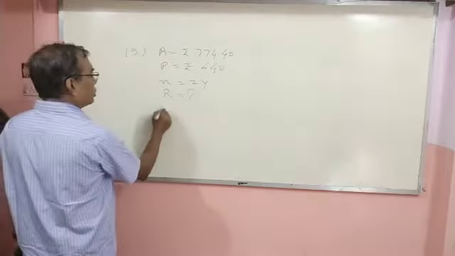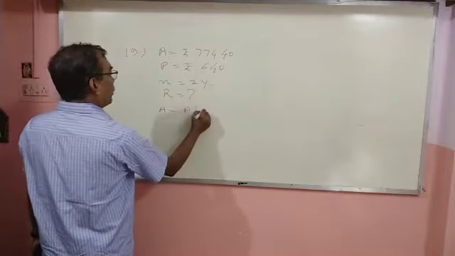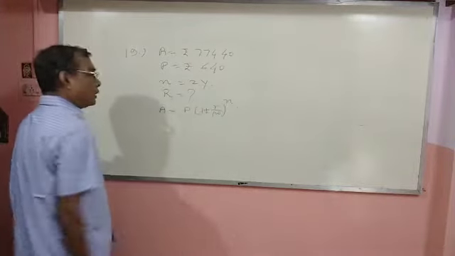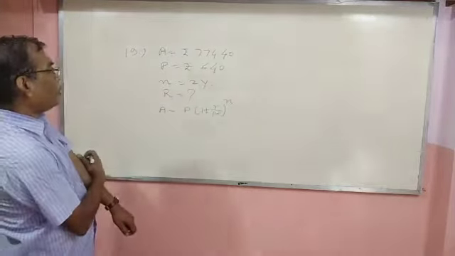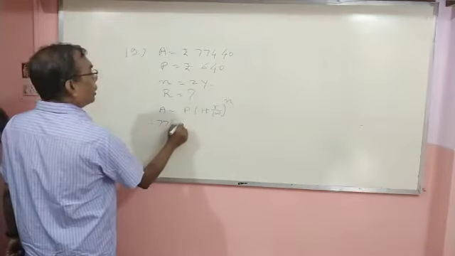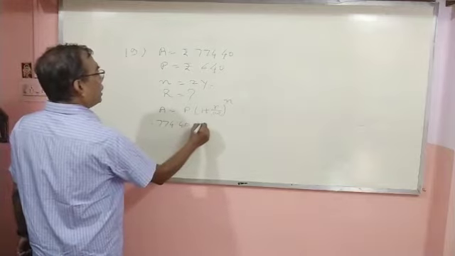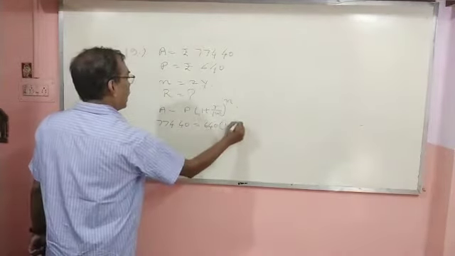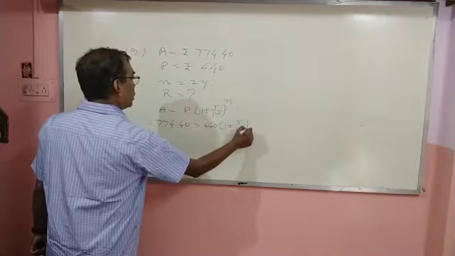So amount is equal to P into 1 plus R by 100 whole raised to n. This formula is required. Now, 774.40 is equal to P, which is 640, into 1 plus R by 100 whole raised to 2.